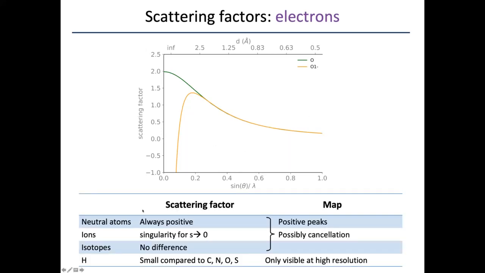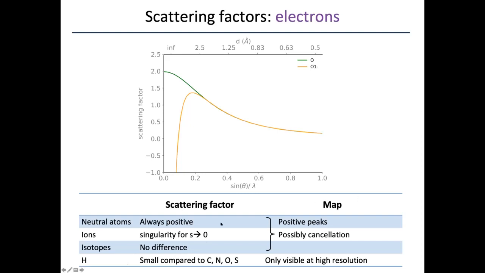So let's fill out our little table. For neutral atoms, the scattering factor is always positive. For ions, there's a singularity at a 0 scattering angle that can be positive or negative. For isotopes, there's no difference in electron scattering. And for hydrogen, the scattering factor is small compared to other elements.